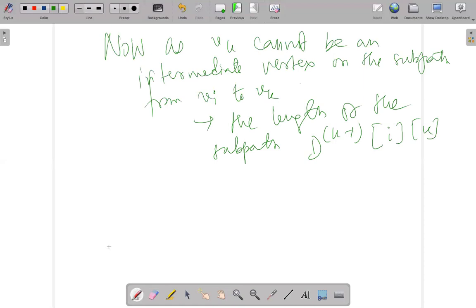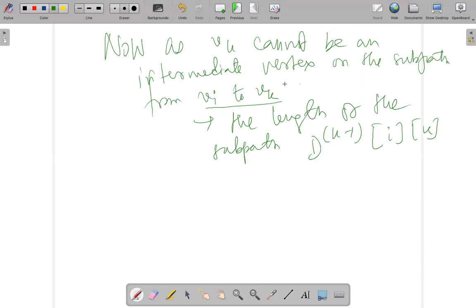Why? See, from Vi to Vk, so we are actually computing the shortest path from Vi to Vj, and this shortest path has Vk as an intermediate vertex for all such shortest path constructions from Vi to Vj. Okay, this is our case 2.